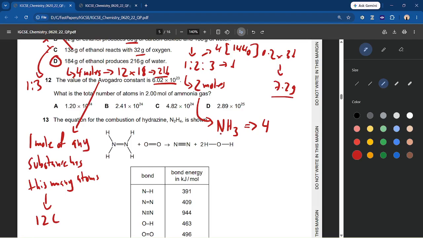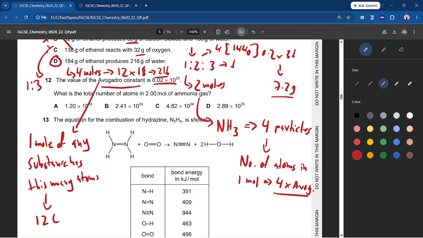What I'm trying to say is that in NH3 you have 4 particles. So because there's 4 particles, that means that the number of atoms in 1 mole is 4 times Avogadro's constant. I hope that makes sense. It's because when he was defining the Avogadro constant, he was talking about only 1 particle.